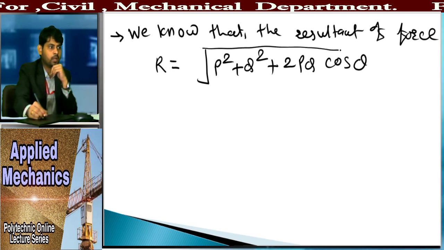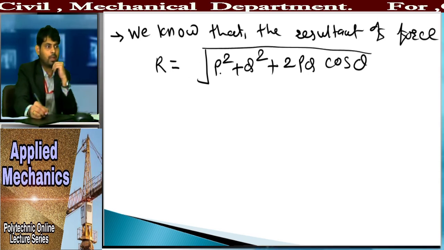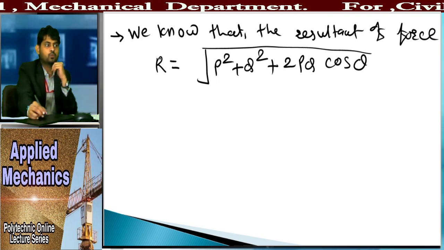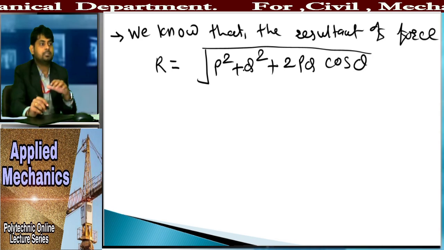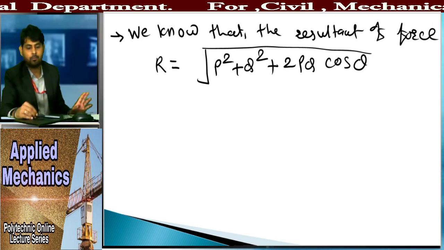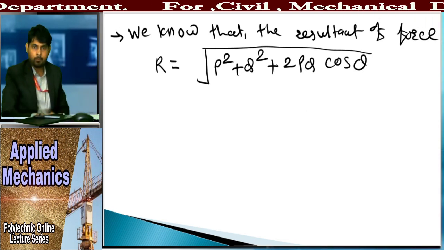So here you know the value of R, you know the value of P, and you know the value of theta. So put those values in this equation, you will get the value of Q. Just try to solve this problem at your home. Take this problem as homework.